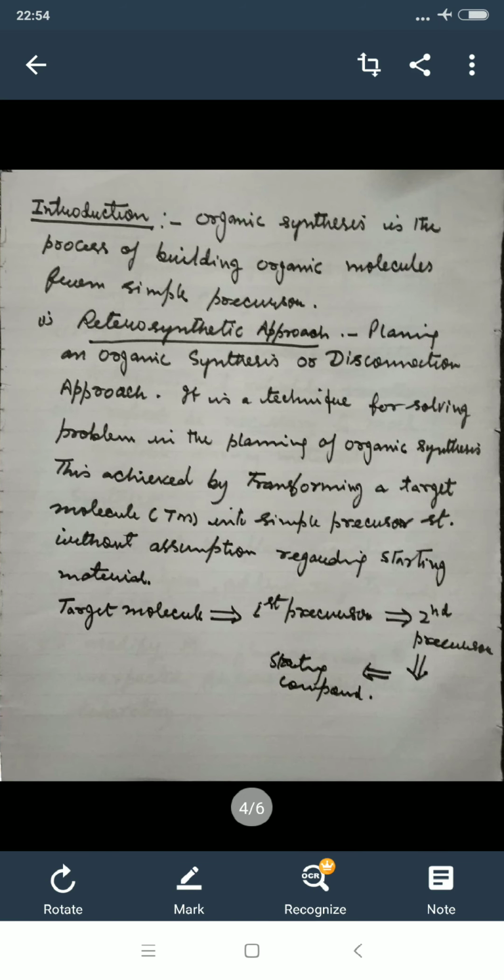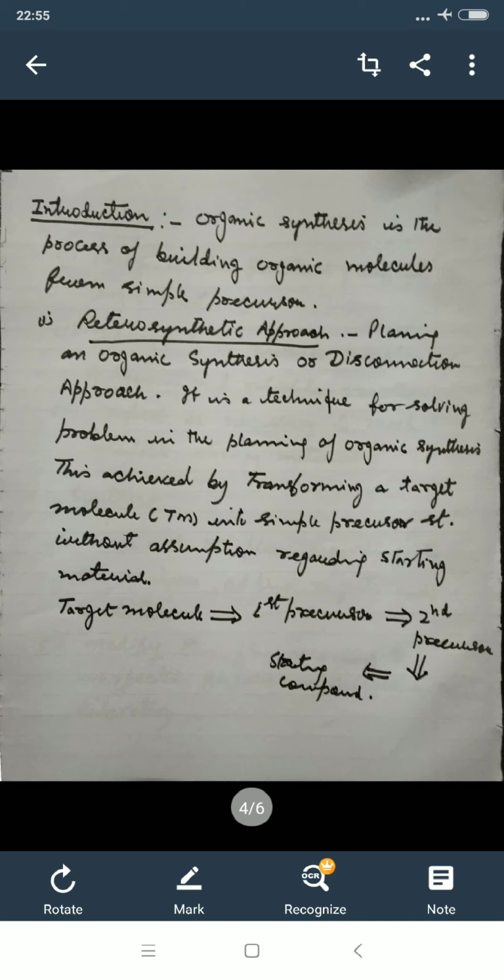Now, introduction. Organic synthesis is the process of building the organic molecules from the simple precursor. Retrosynthetic approach or analysis: planning an organic synthesis, or disconnection approach. It is a technique for solving the problem in the planning of organic synthesis. This is achieved by transforming a target molecule, generally abbreviated as the TM, into the simple precursor structure without assumption regarding the starting material.